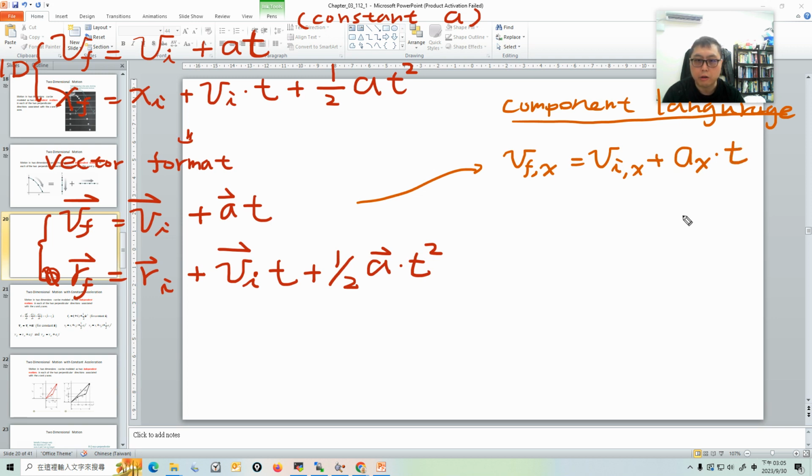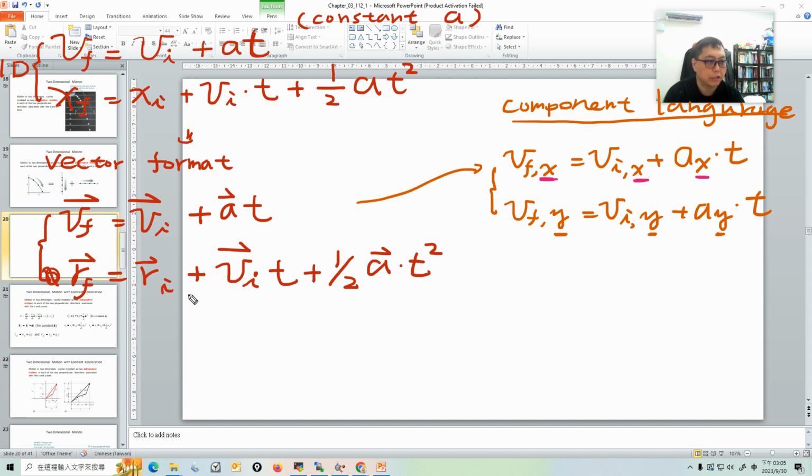And be careful: we can treat the motion independently, just like a vector, we can treat each component independently. Similarly, we do the same thing on the y component: initial velocity y component plus acceleration y component times t. Treat the motion independently.